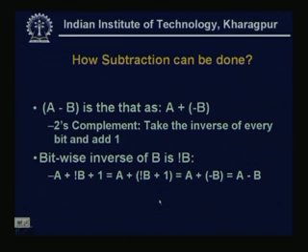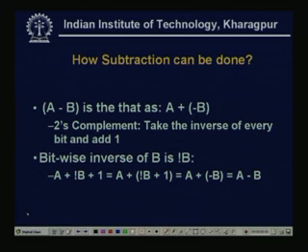Now, we see how subtraction can be done. Already we have seen the adder can be used as a subtractor. Say a minus b is nothing but a plus of minus b, you know. So, 2's complement: take the inverse of every bit and add 1. We know that this is the 2's complement meaning.